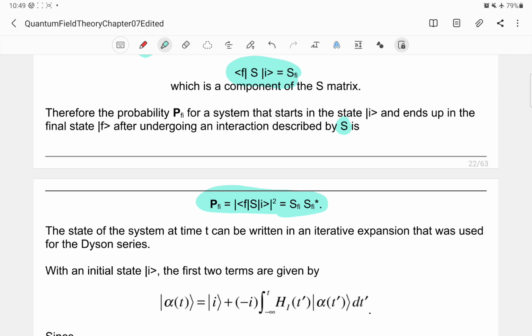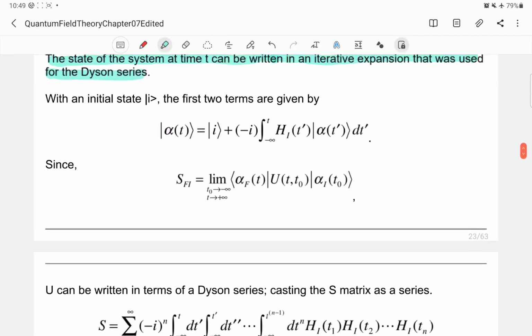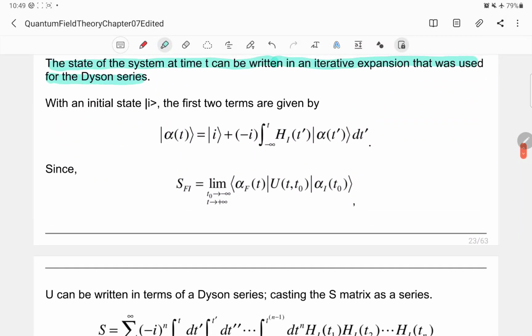So here, the state of the system at time t can be written in an iterative expansion that was used in the Dyson series. With an initial state I, you can start with the first two terms here, and then you can do the series by getting the perturbation of this state.